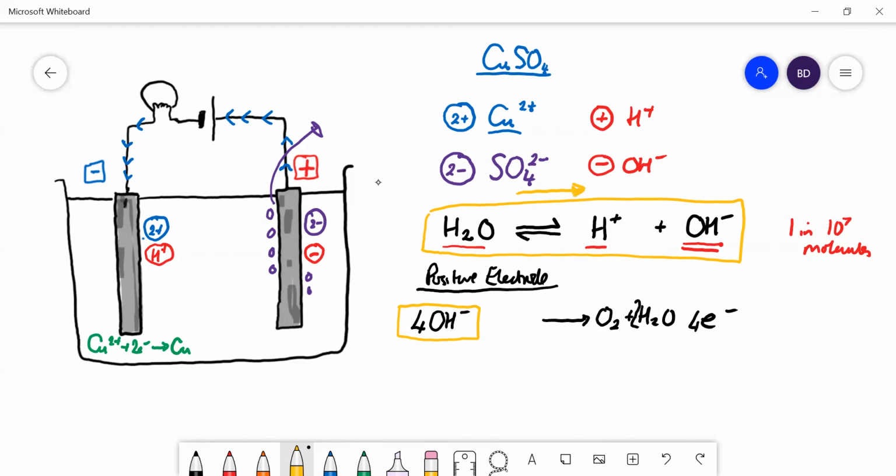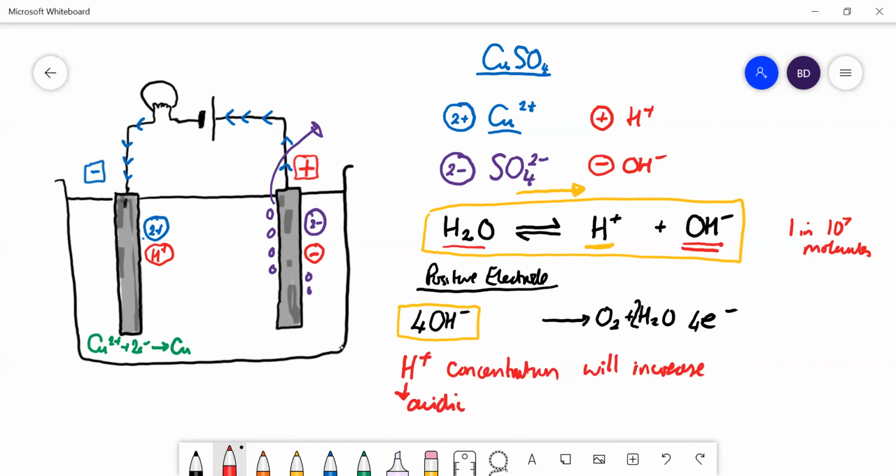So what is going to happen to the concentration of our H plus ions? Hopefully you can see that the H plus ion concentration in the solution will increase. And if you've done the acids topic already, you'll know that anything with H plus ions will be acidic. So the solution will become acidic.